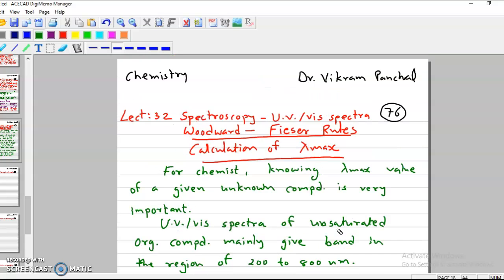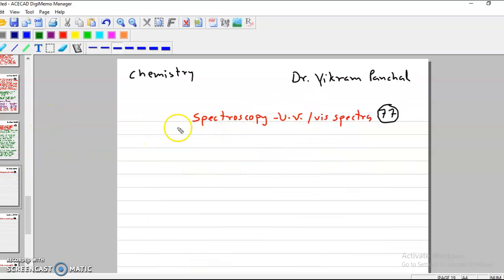So please remember that for UV visible spectra, you should be given an unsaturated compound. The first criterion is that UV visible spectra is only for unsaturated compounds, and unsaturated compounds have double bonds or triple bonds.